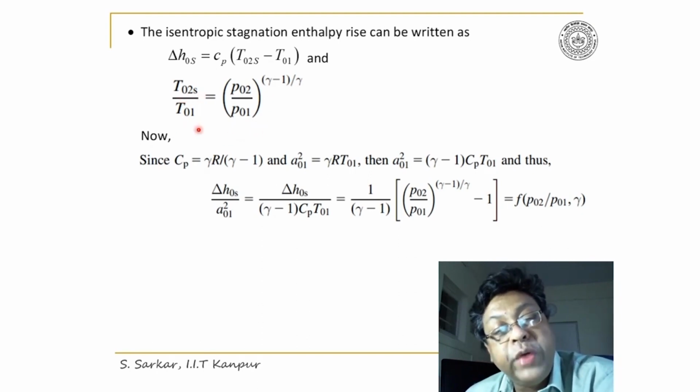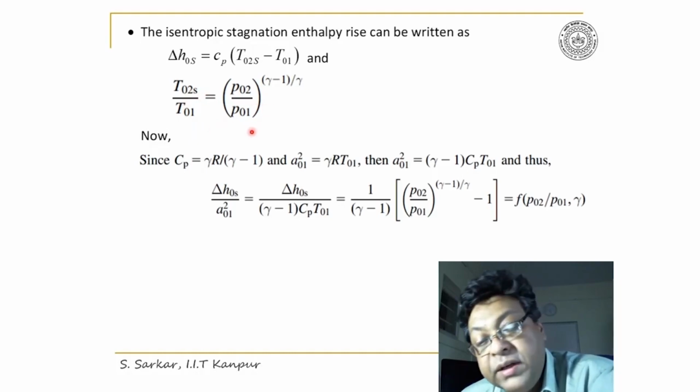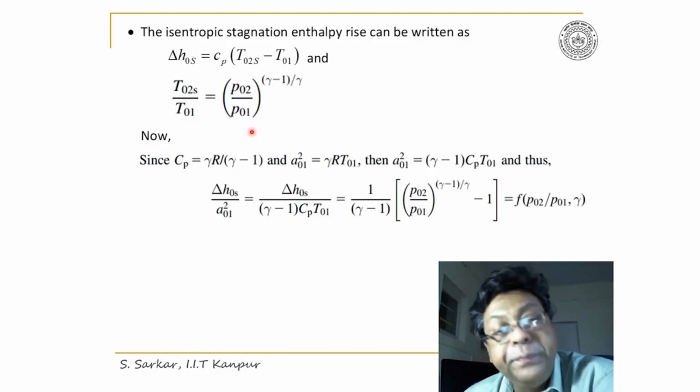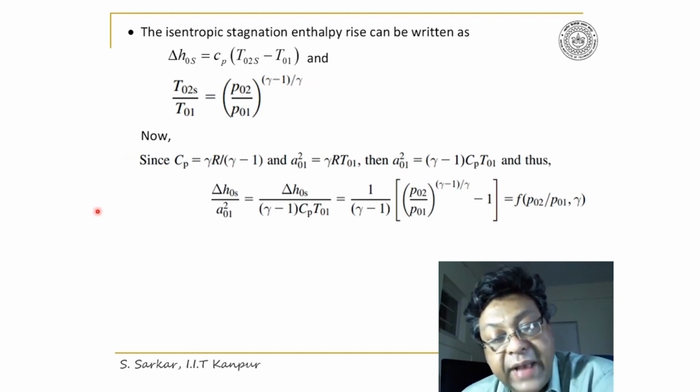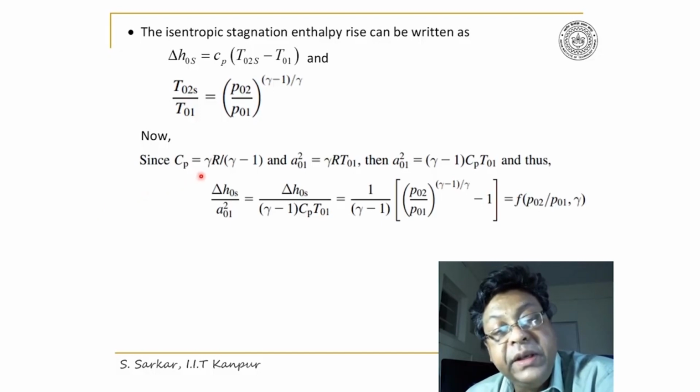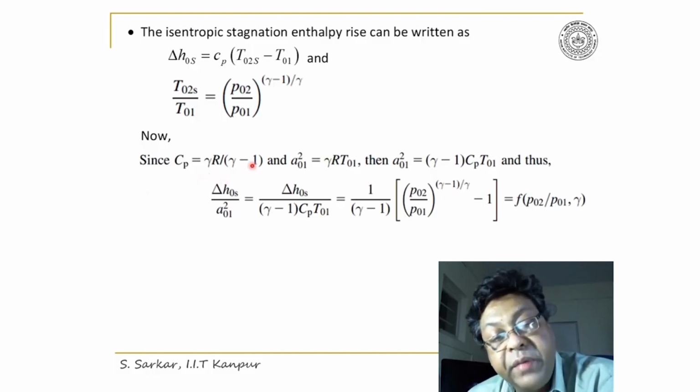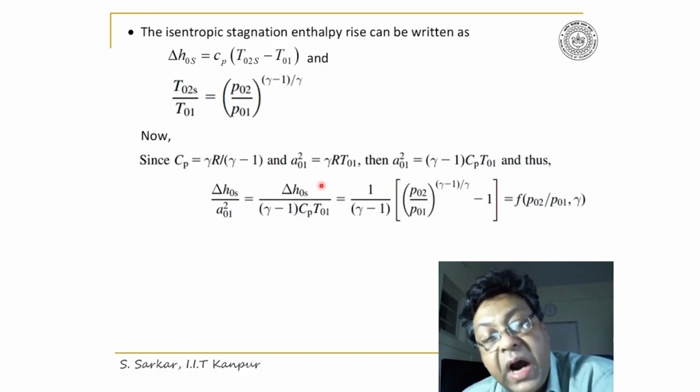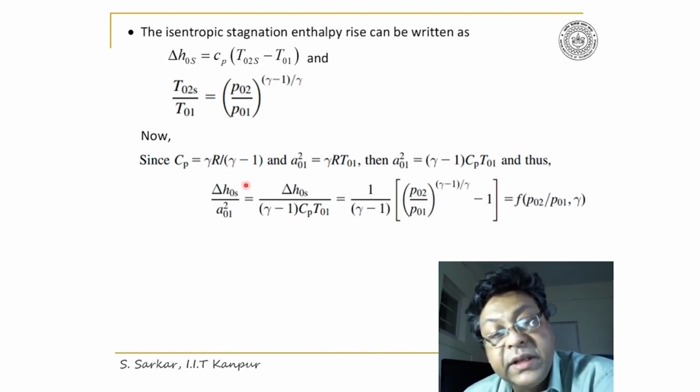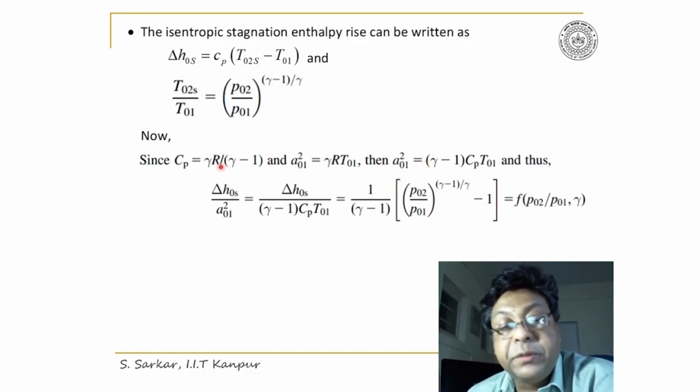So T02s by T01 is equal to P02 by P01 to the power gamma minus 1 by gamma. Further, if we consider the ideal gas relation, then Cp is equal to gamma R by gamma minus 1, and A01 squared is equal to gamma R into T01. Combining these two relations, I can express A01 squared as gamma minus 1 into Cp into T01.